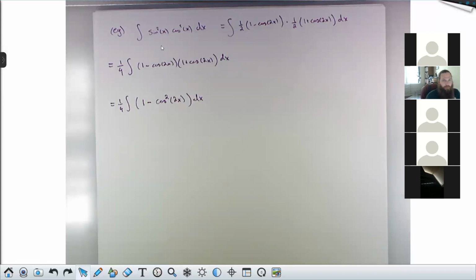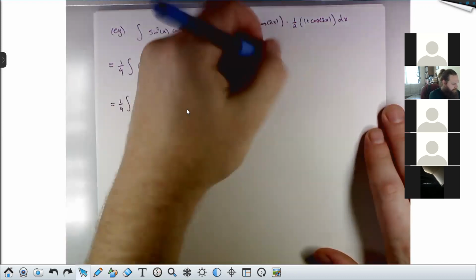Right, if you FOIL this, the middle terms cancel, the inners and the outers cancel, and you just get 1 times 1 minus cos 2x times cos 2x. Right here is the reason why, when I gave you those half angle identities, I wrote them in terms of theta. So I'll just remind you the half angle for cosine.